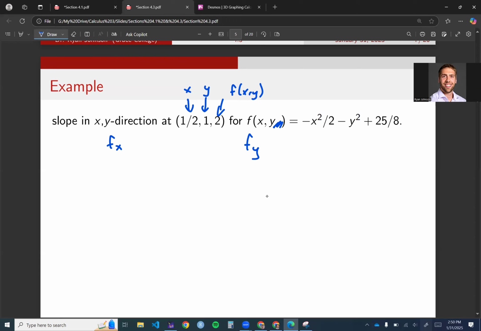So just a reminder, what we're doing is we're finding fx, finding fy, and then we're plugging in fx of 1/2, 1, and fy of 1/2, 1.